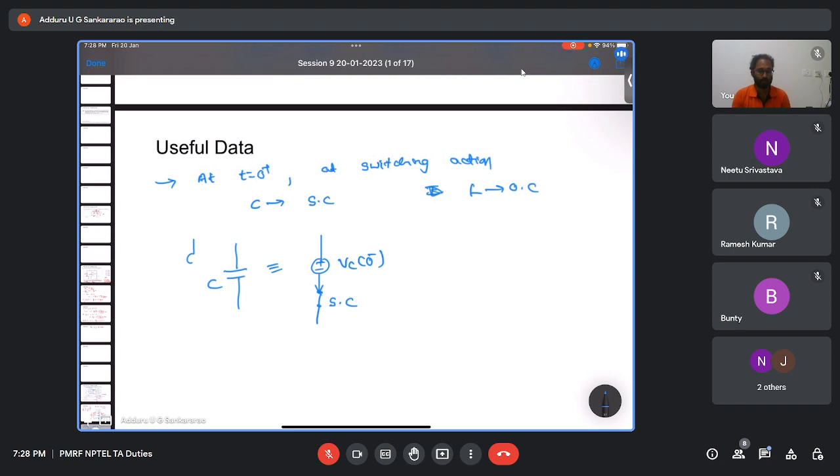Hope you know this. The capacitor acts as a short circuit at the time of switching, but you remember it is a memory element.